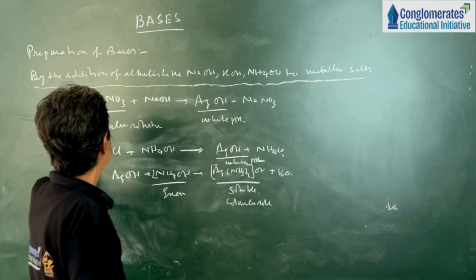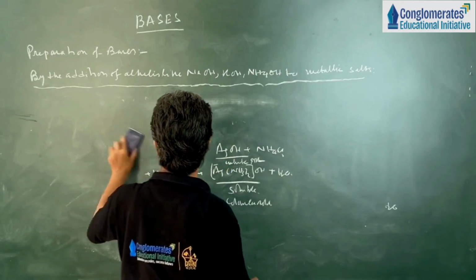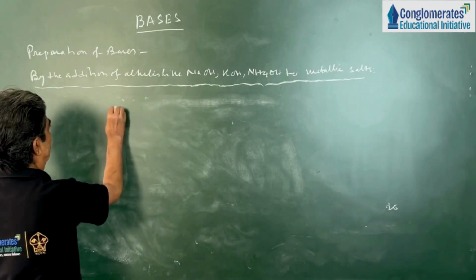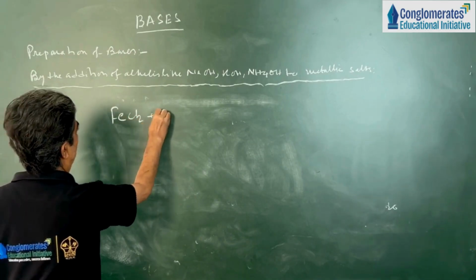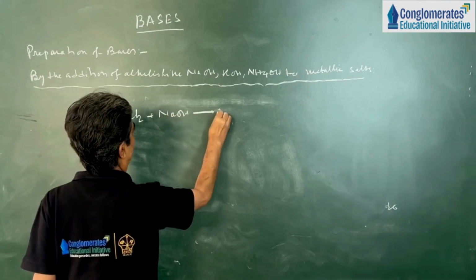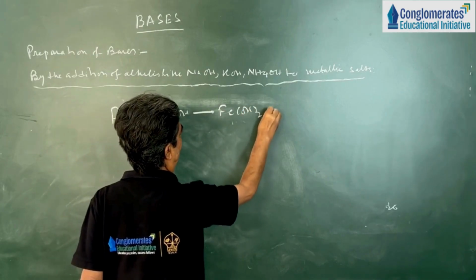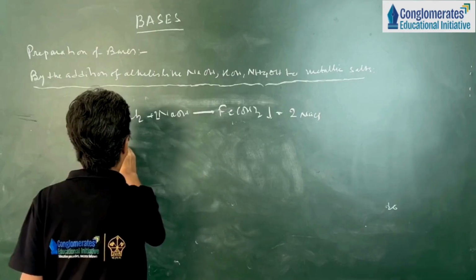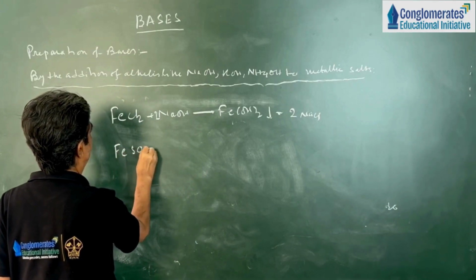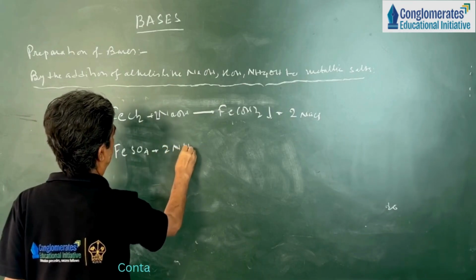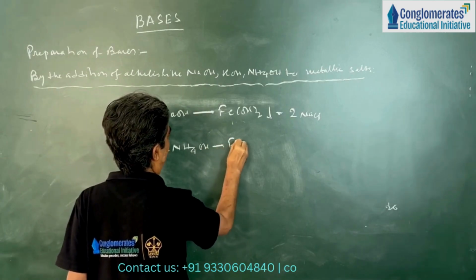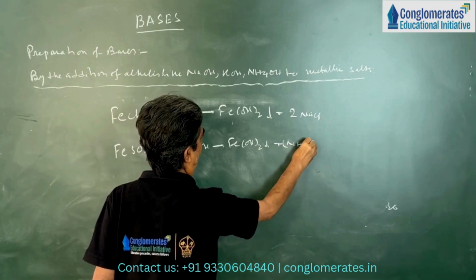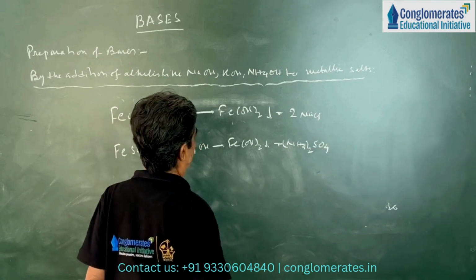Next, ferrous and ferric. Ferrous chloride plus NaOH, you get ferrous hydroxide plus 2 NaCl, or ferrous sulfate plus NH4OH, we get ferrous hydroxide plus ammonium sulfate.